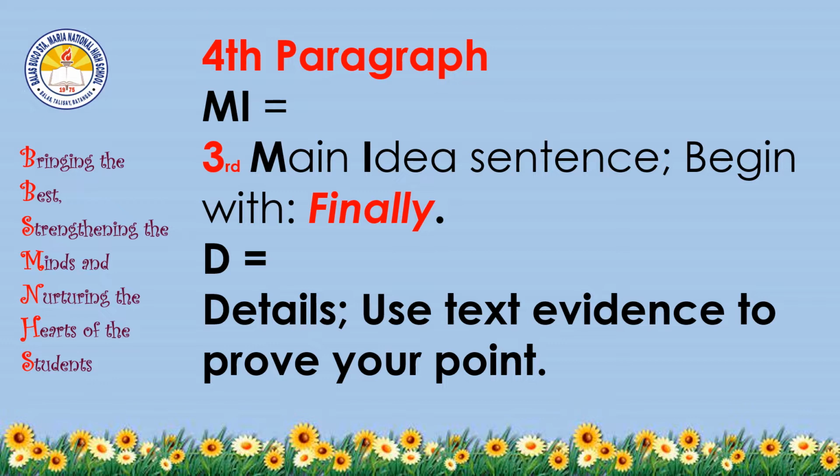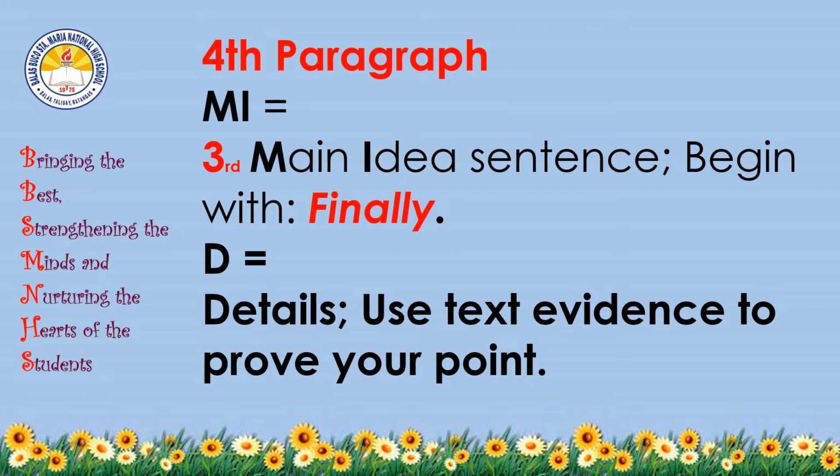So let us recap. First paragraph is your introduction. You have to establish your thesis statement. For your second, third, and fourth paragraphs, you have to write your MID, your main idea 1, main idea 2, and main idea 3. With these three main idea sentences, they should be supported with your details, and you should have your text evidences to prove your point.